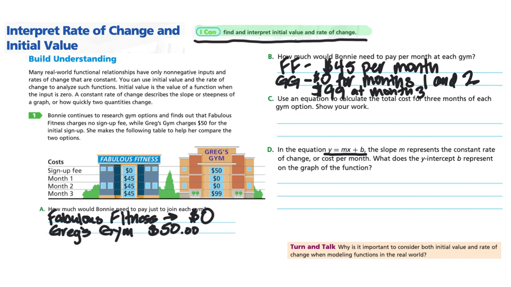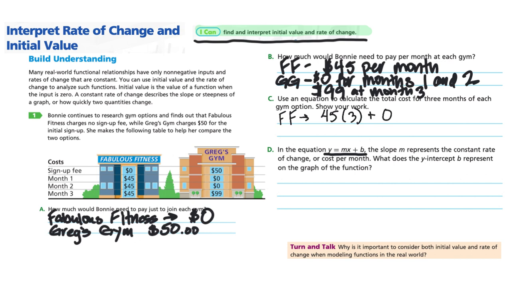C says, use an equation to calculate the total cost for 3 months of each gym option and show your work. So again, we can do Fabulous Fitness. It's $45 per month, so that's 45 times 3 because they're talking about 3 months, plus the initial fee is 0 for this one.